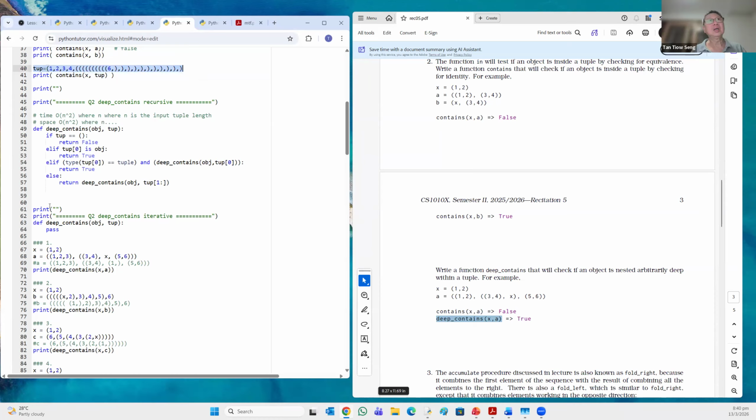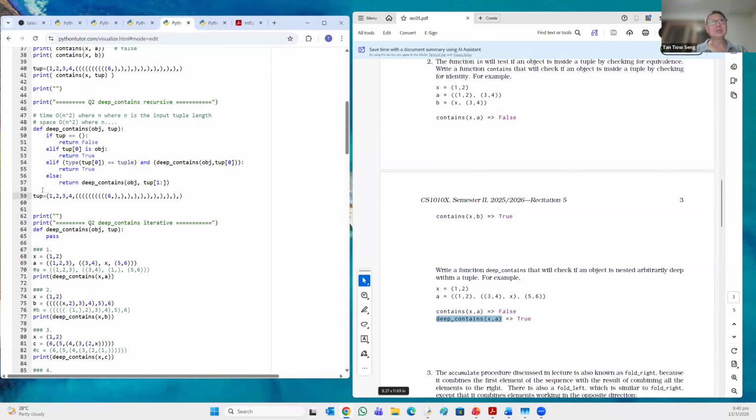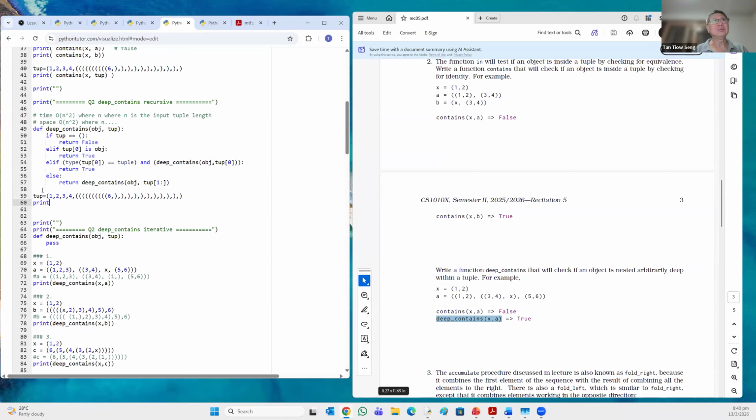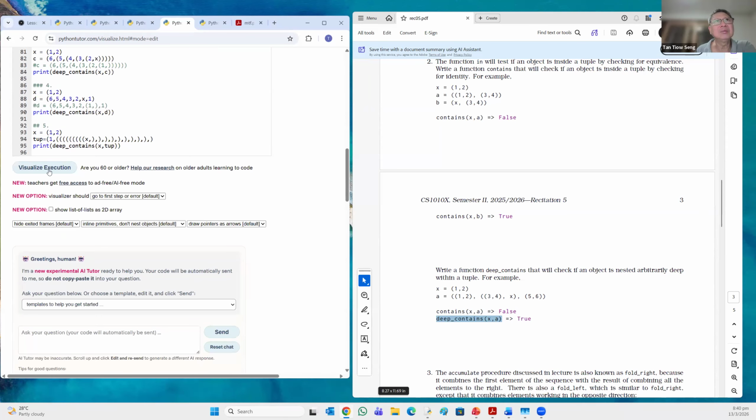Okay, let's try this guy. What's the length here? 1, 2, 3, 4, 5, right? Let's see. Line 59.